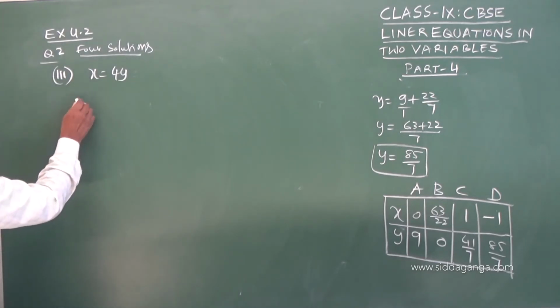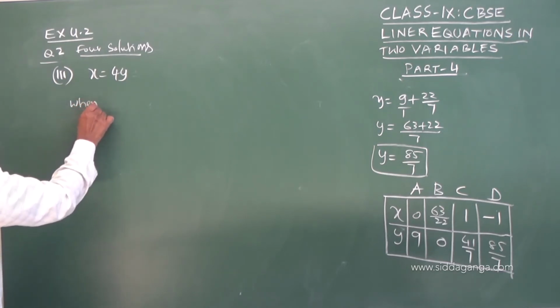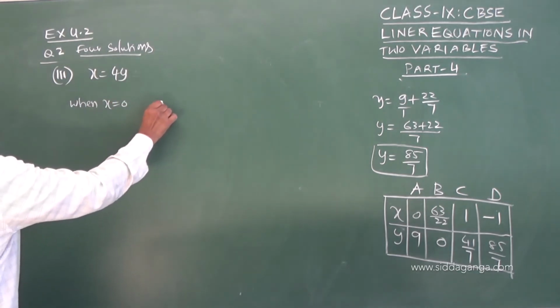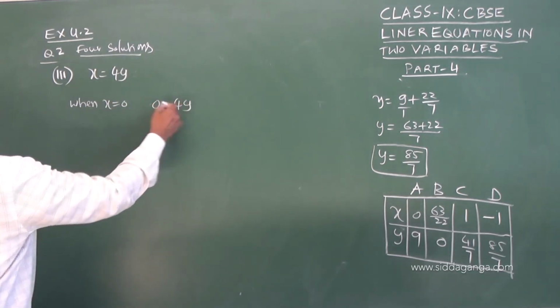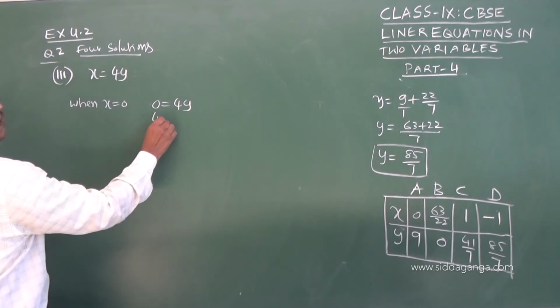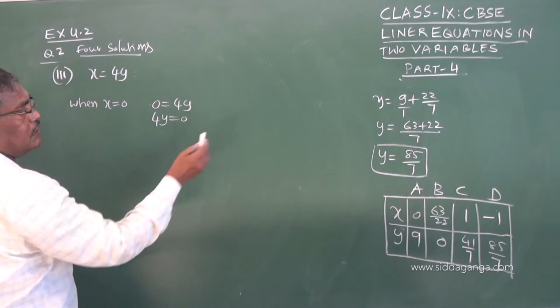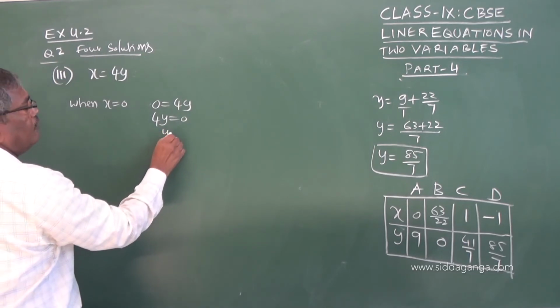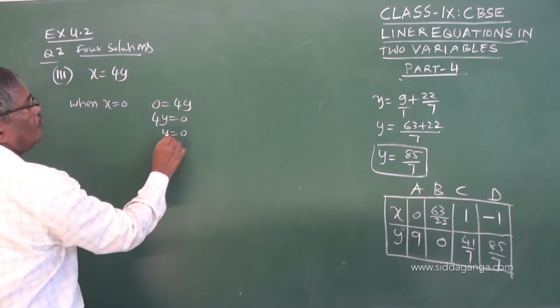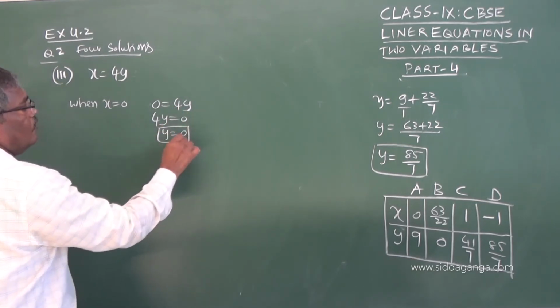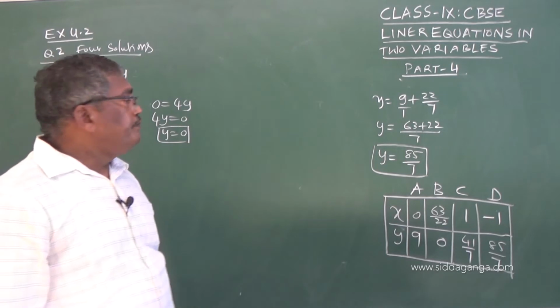So when x equals 0, 0 equals 4y or 4y equals 0, y will be equal to 0 only. 0 divided by 4 is 0. So when x is 0, y is 0.